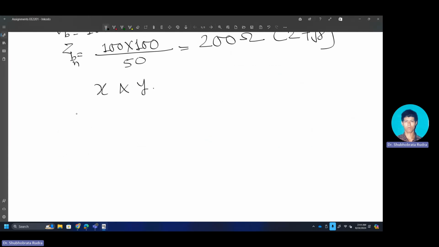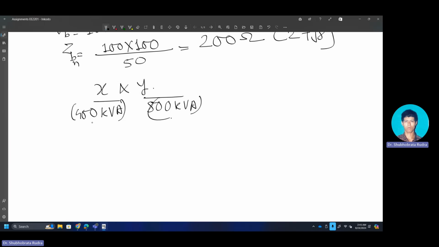Suppose X is the amount of load being shared by the 400 kVA transformer and Y is the amount of load being shared by the 800 kVA transformer. They will share this load in proportion. So if I ask you how much maximum load they could share, what should you do?